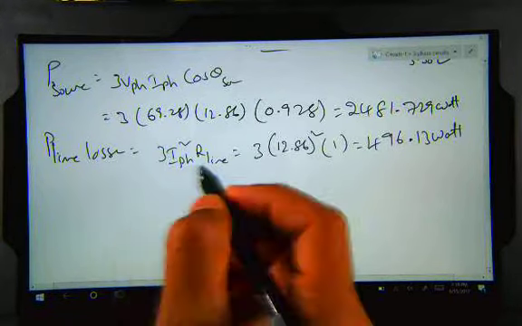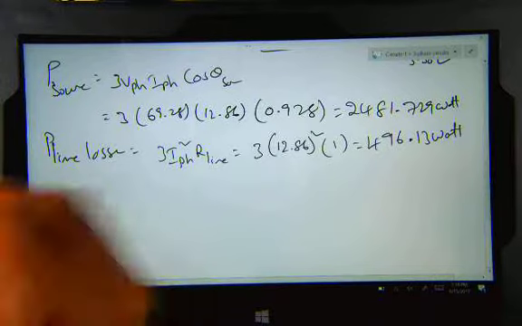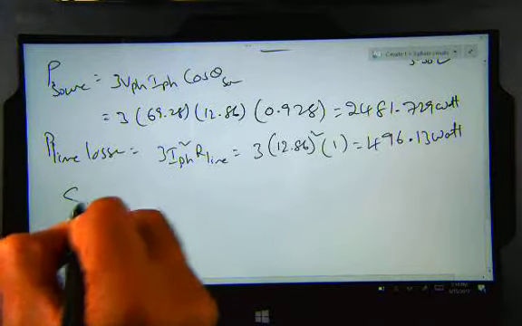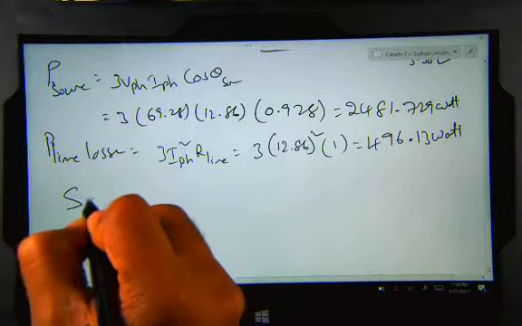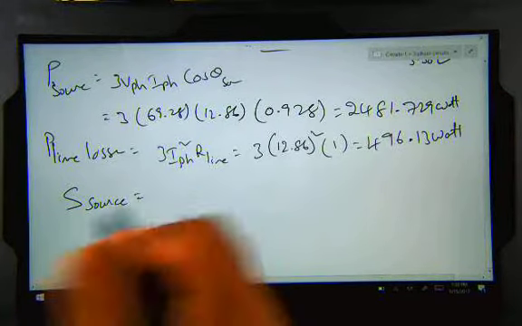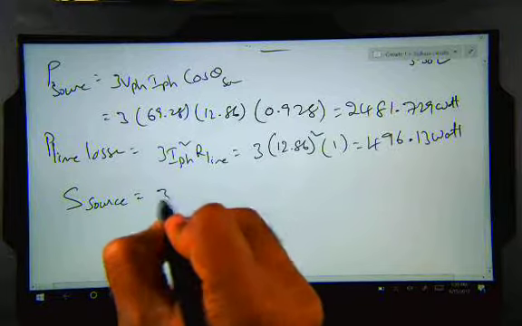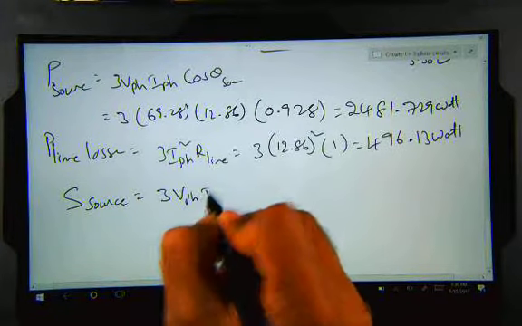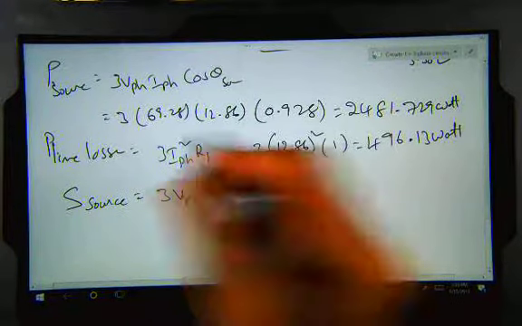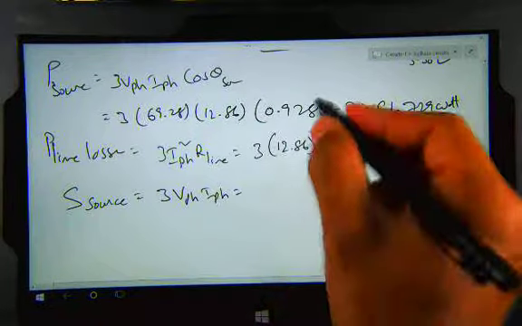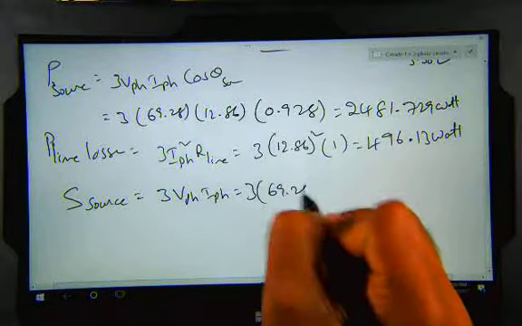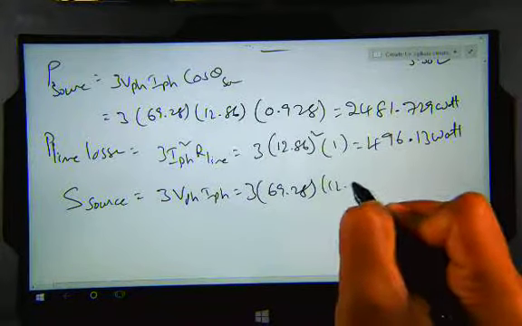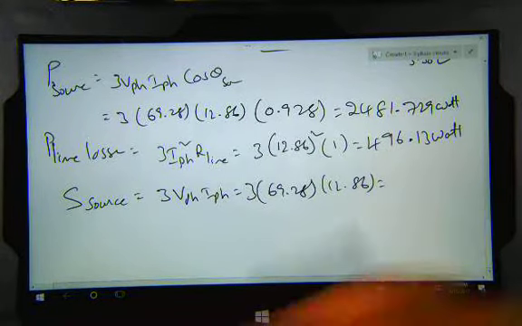Same way we'll find S source. This is the apparent power of the source, so that's 3 times VPH IPH. All you need to do is multiply it. So 3 times 69.28 times 12.86.